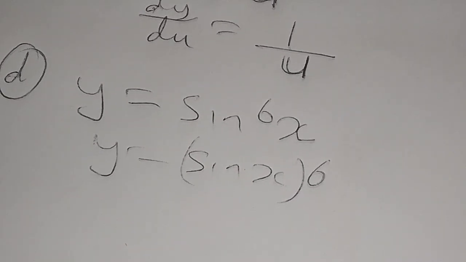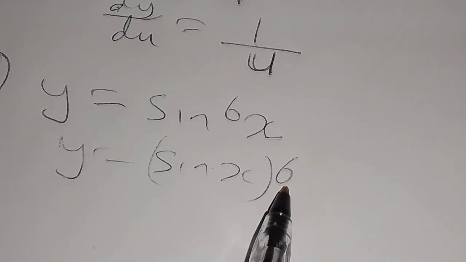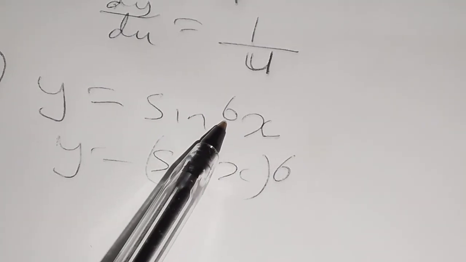Now let's move on to our part D. Our part D is y is equal to sine 6x. So we have to rewrite this in its correct order. The correct order of this is y is equal to sine x to the power 6. Now we don't see the 6 here, so that's why we take it inside here.